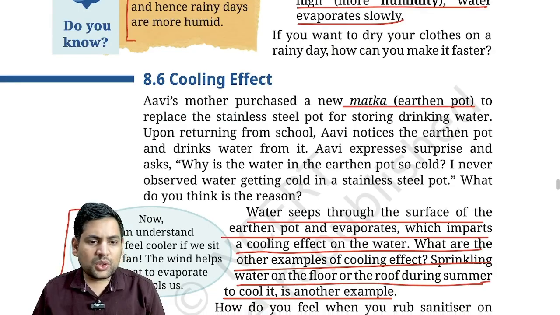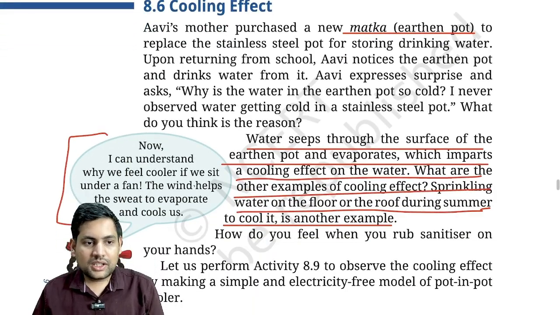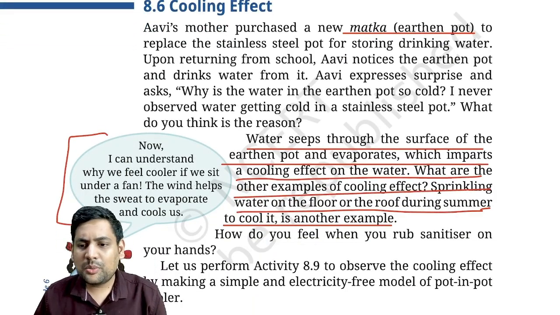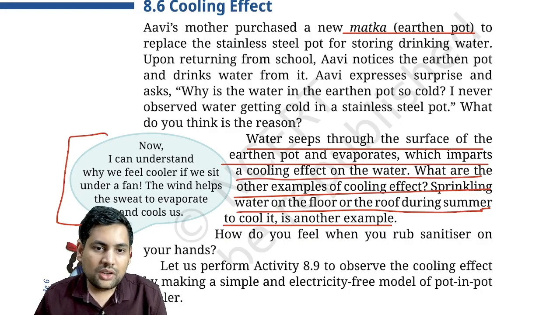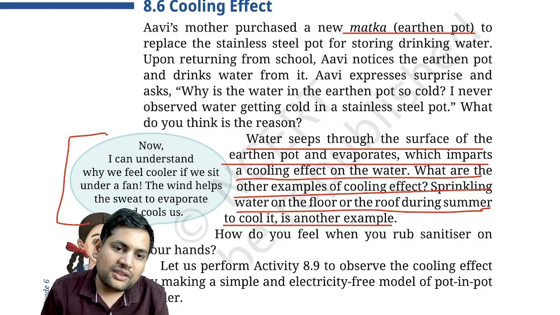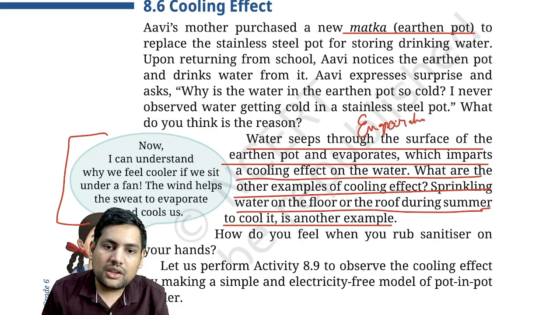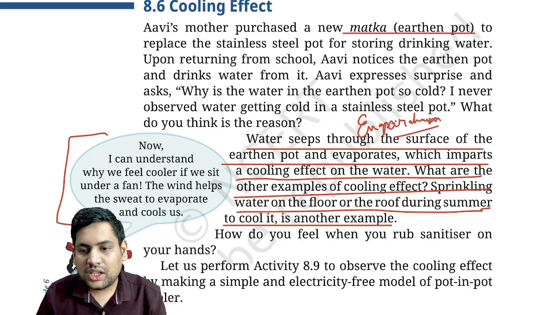Then it also talks about the cooling effect. You might have felt this with earthen pots. Water seeps through the surface of the earthen pot. Now what happens? Evaporation is actually something that releases energy.